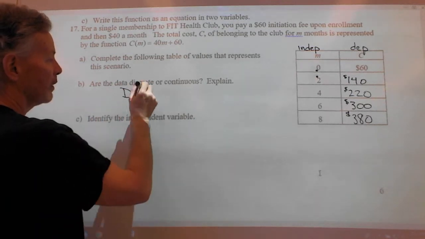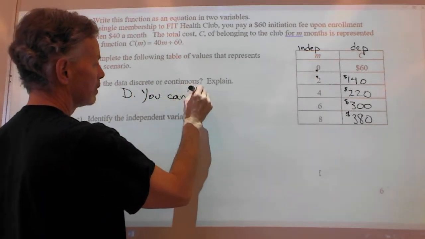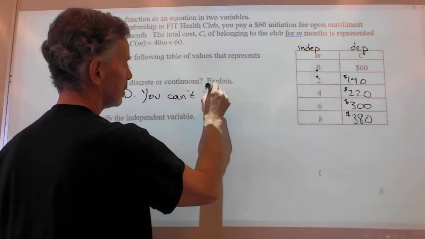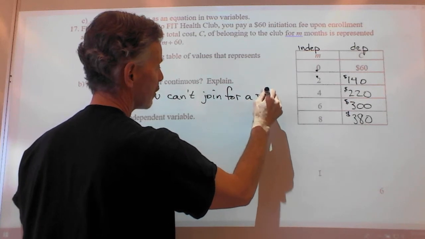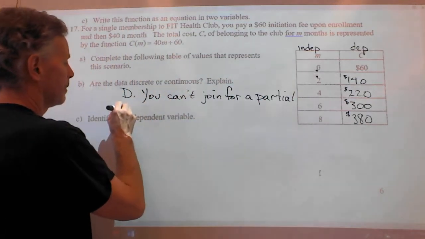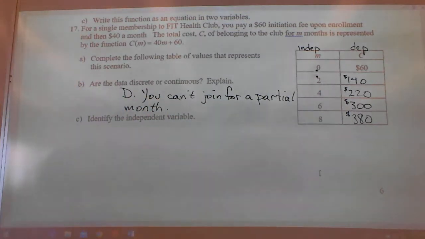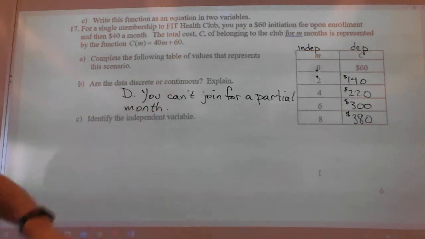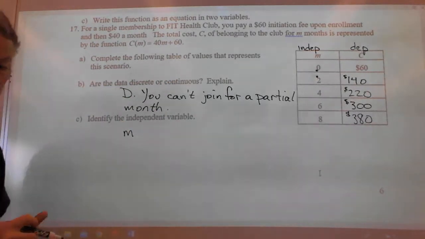Why is it discrete? You can't join for a part of a month, a partial month. Identify the independent variable. Well, look at us. We already did that. So the independent variable is M, the number of months.